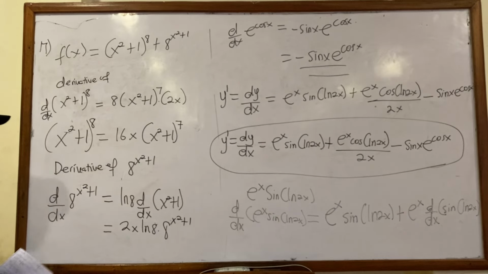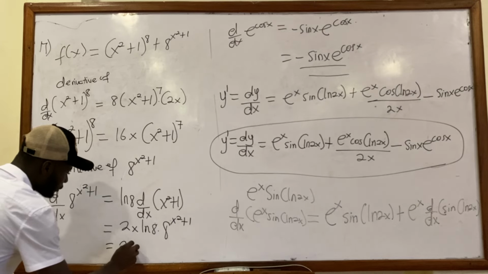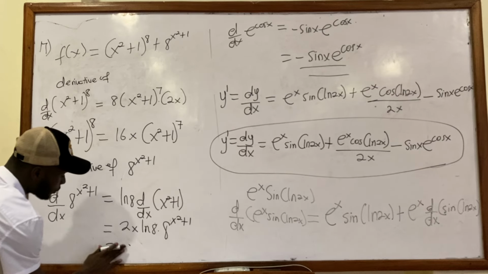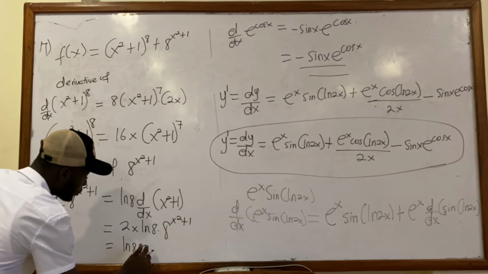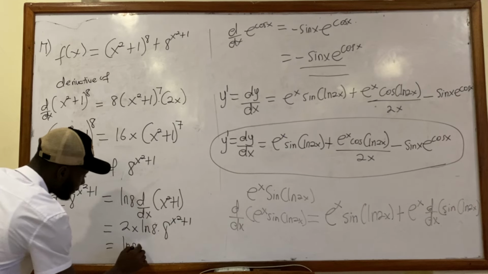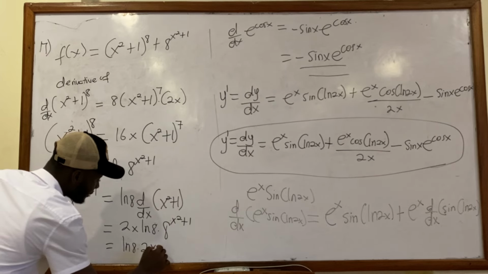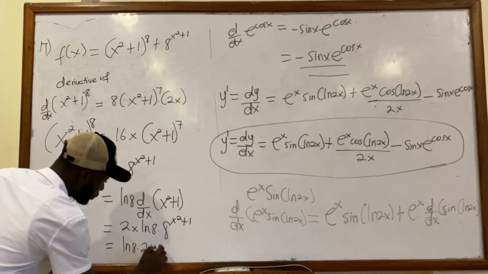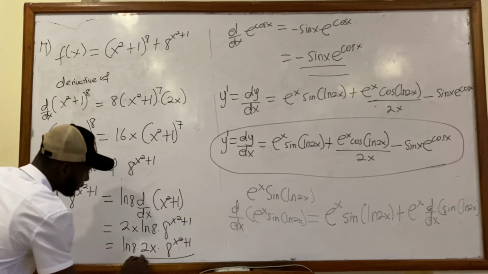So we have ln 8 times 2x times 8 to the power x squared plus 1.